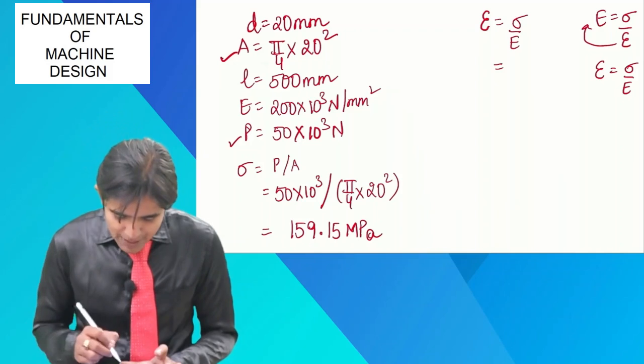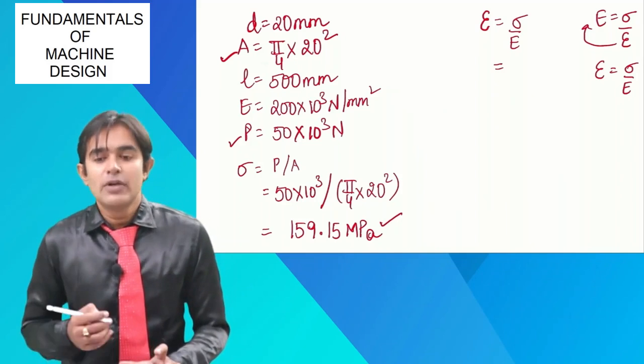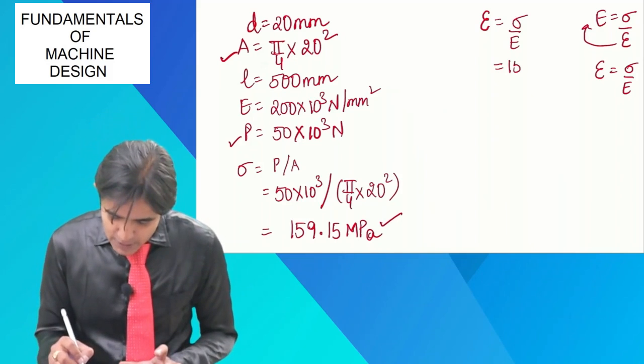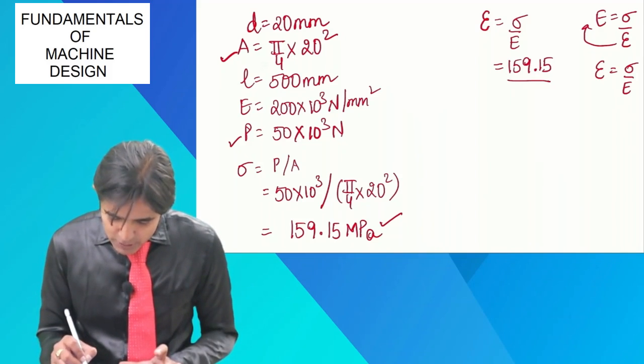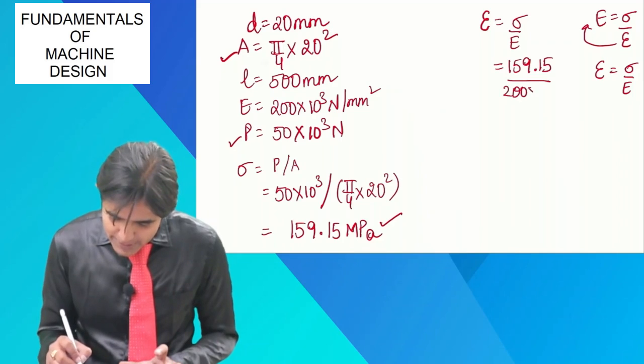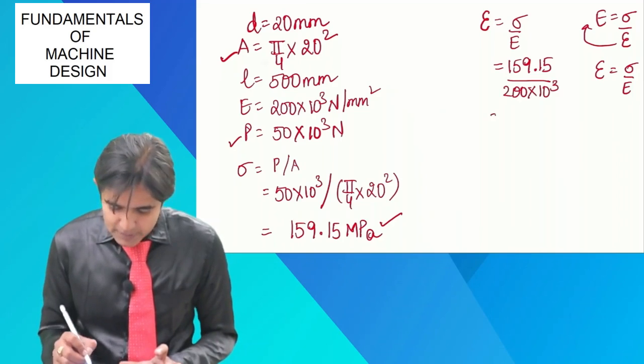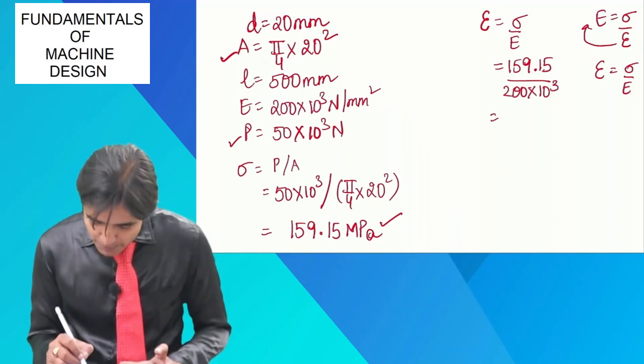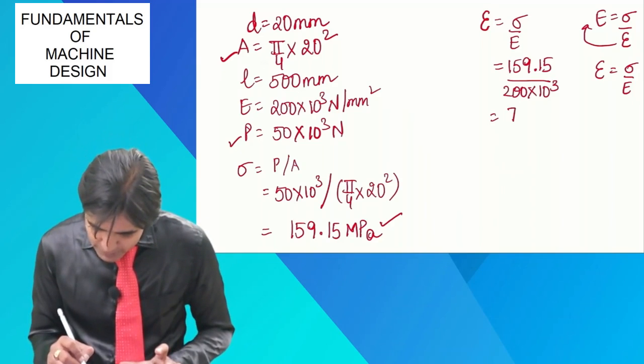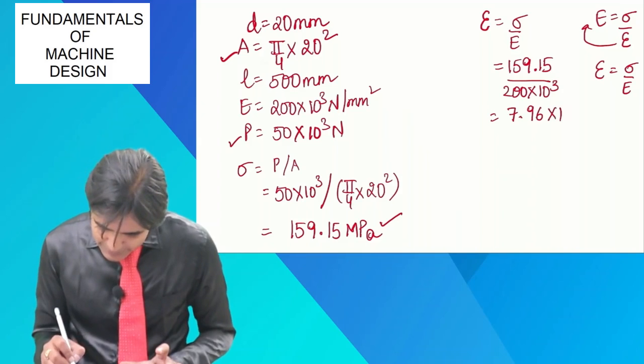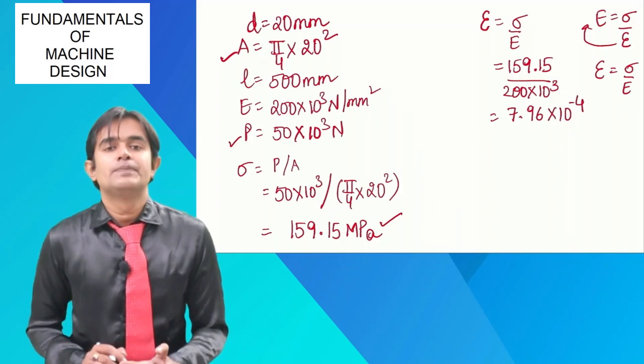I'll write down the value of stress that I have already calculated, which turns out to be 159.15, and modulus of elasticity is 200 into 10 raised to 3. If I do the proper calculations, the value turns out to be 7.96 into 10 raised to minus 4.